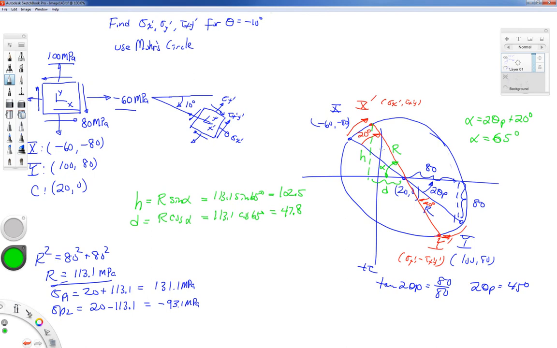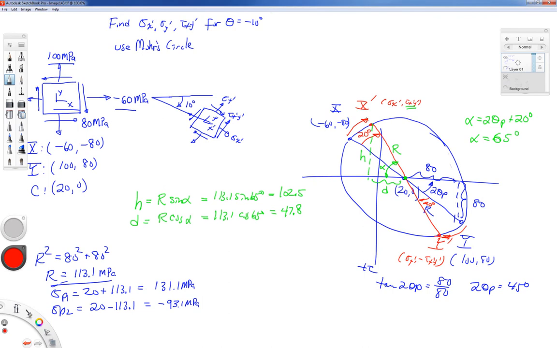All right, now we hit the center of the circle, and to get to my tau x prime y prime point, all I need to do is travel the height. But notice when I do my transformation, I'm starting on the negative side of the tau axis, and I'm going to this point, which is still on the negative side of the tau axis.